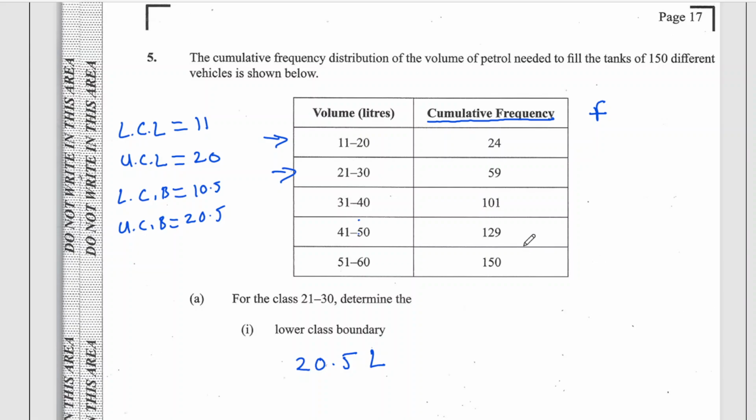To get this number, we subtract these two numbers: 150 take away 129 gives me this first number here, 21. Then to get this number, we subtract these two numbers: 129 take away 101, we get 28. To get this number, we subtract 101 and 59, and we get 42. To get this missing number, we subtract 59 and 24, and that is 35.